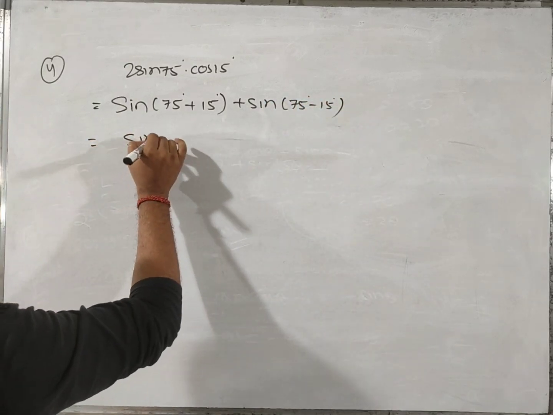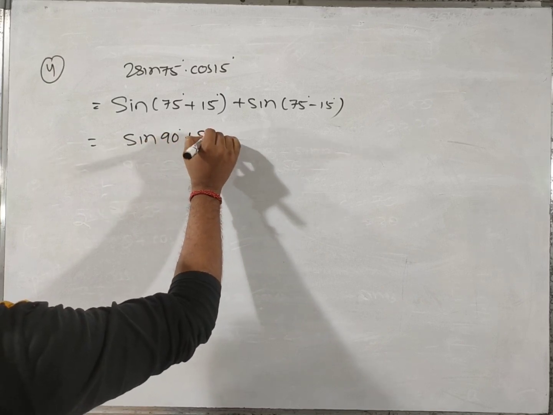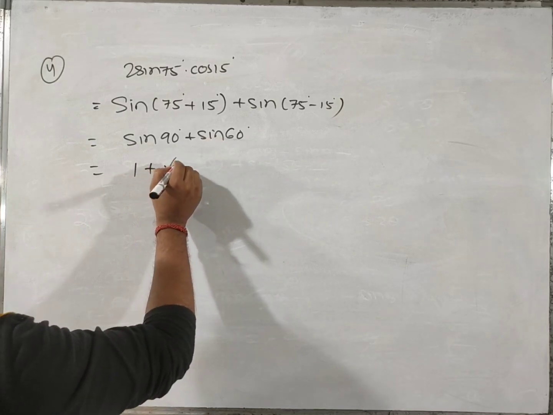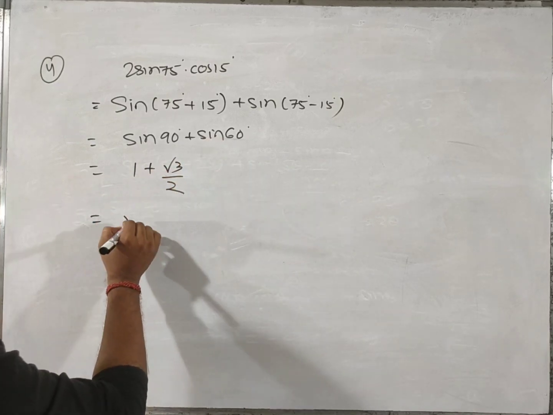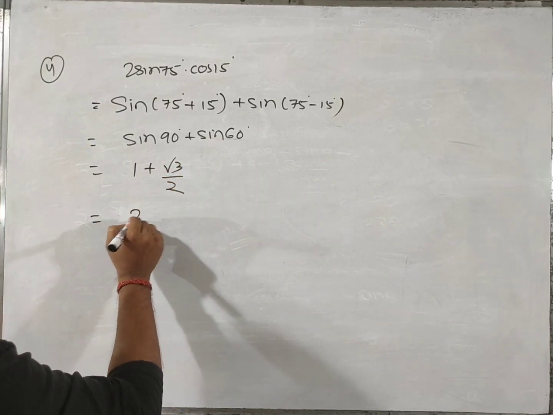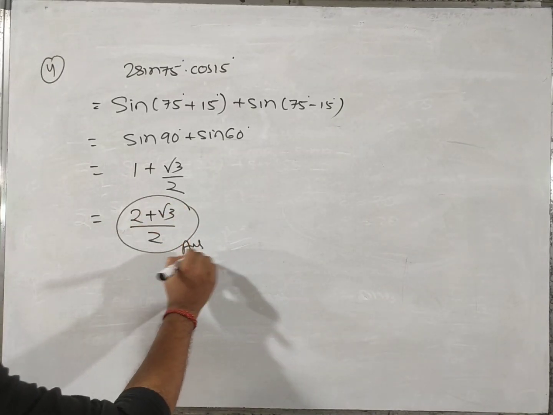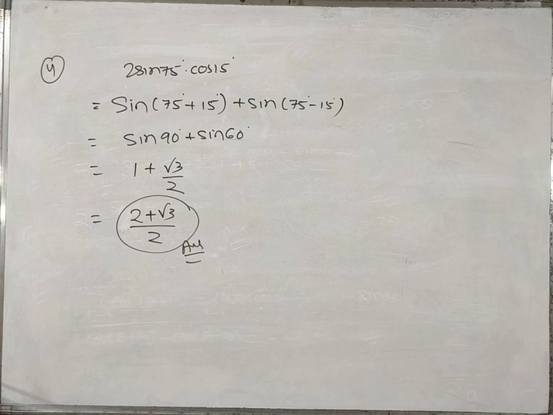Then it will be sin 90 degree plus sin 60 degree. Sin 90 is 1, sin 60 is root 3 by 2. So it will be (2 plus root 3) whole divided by 2, and here it is the answer for the given problem.